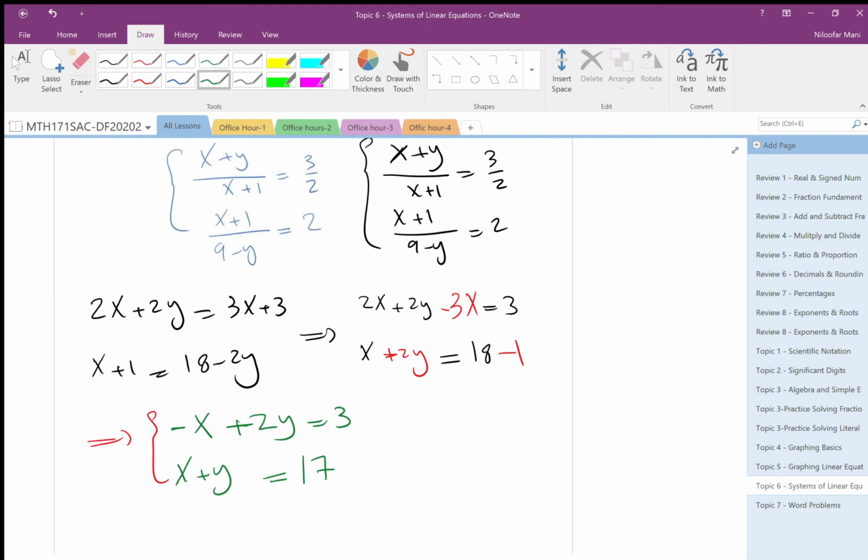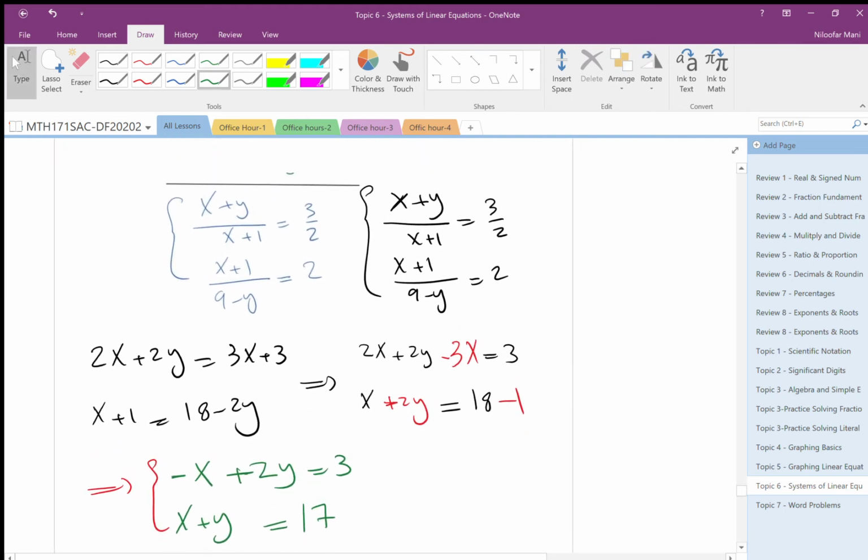so I just remove, am I right here? I just remove x. So I'm not sure if I am. So, okay, yes, and then I can solve it. So let me see. So 2x plus 2y, 3x plus 3.